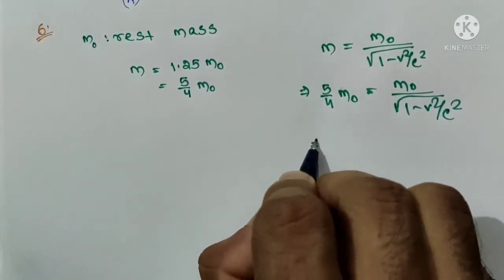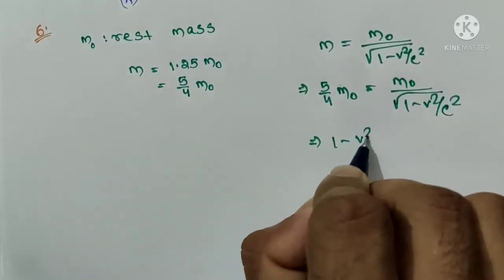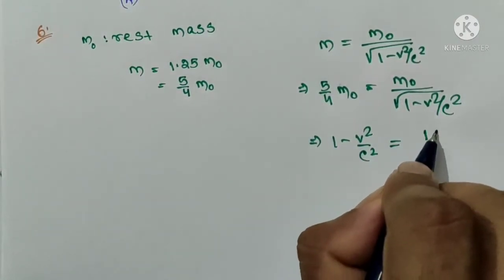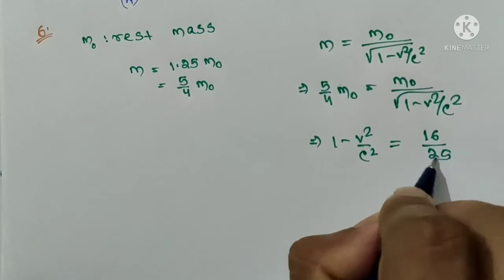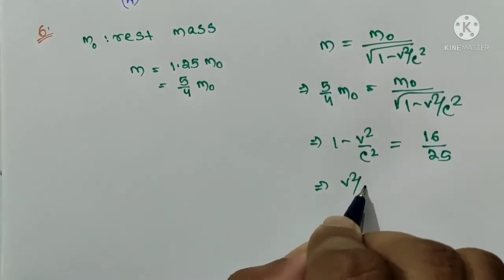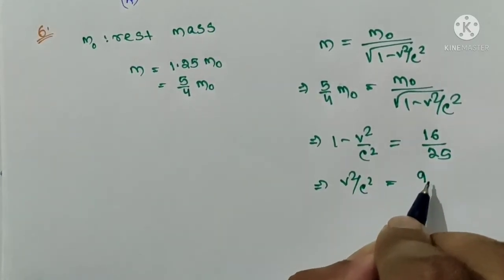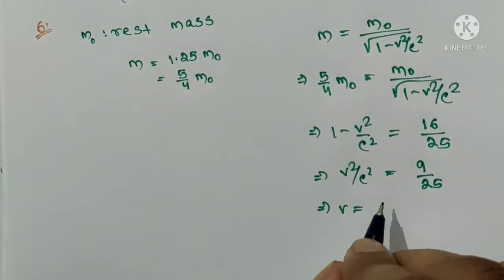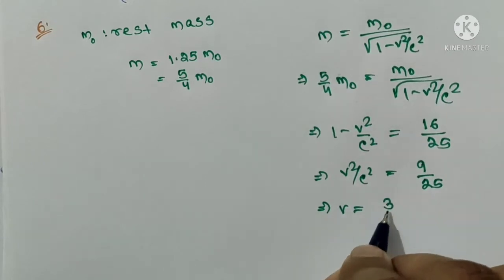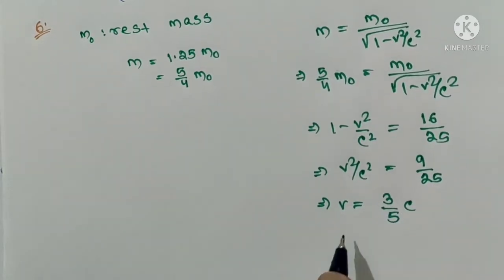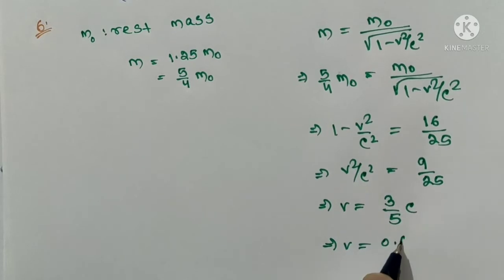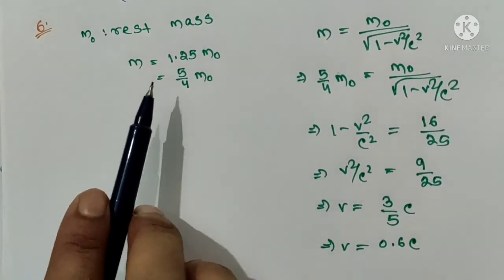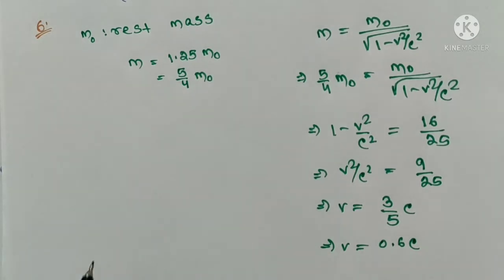So now it is equal to 1 minus v square by c square equals to 16 by 25 और v square by c square equals to 9 by 25, और from here v equal to 3 by 5 c, or which is equal to v equal to 0.6 c. So at this speed mass is 1.25 times to its rest mass. So your correct option is option D.